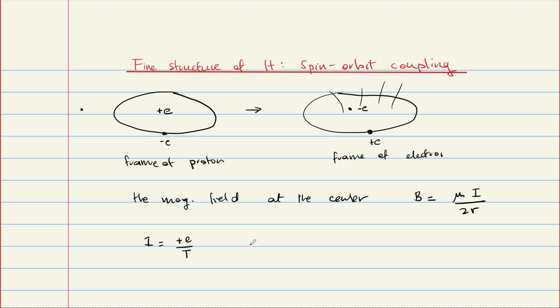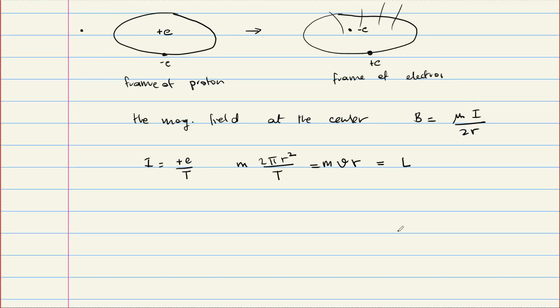That's why I want to use this 2 pi r over T. This is total distance divided by total time, equal to v, and I'm going to multiply it with m v r over m v r, and m v r is angular momentum. So this one is going to be orbital angular momentum, not a vector at the moment.